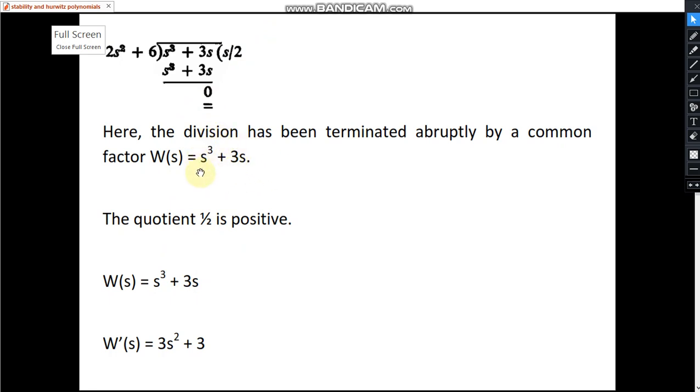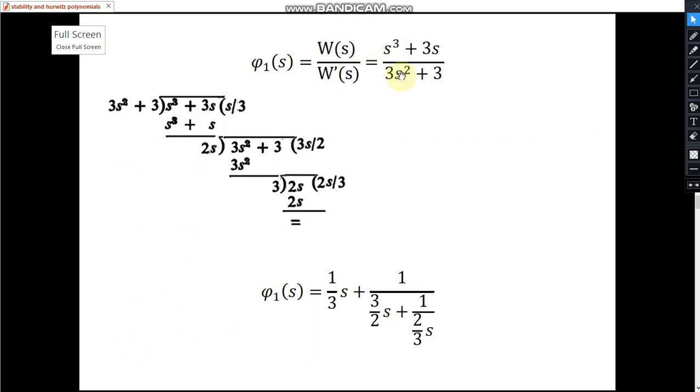So this is an odd polynomial. Its Hurwitzness can be tested by differentiating it. So if I differentiate this W(s), it will come out to be 3s square plus 3. And if this is divided like this and we continue this process, all quotients come out to be positive.